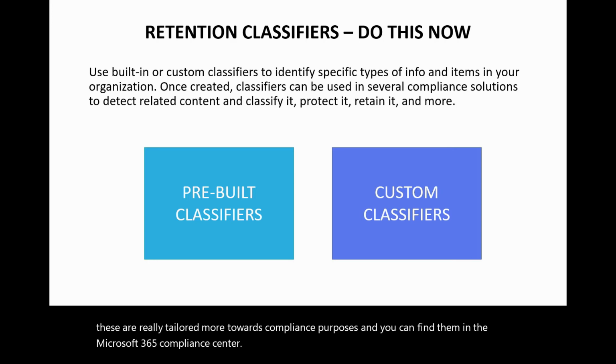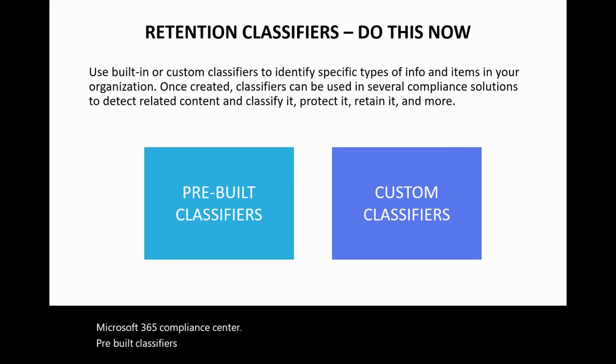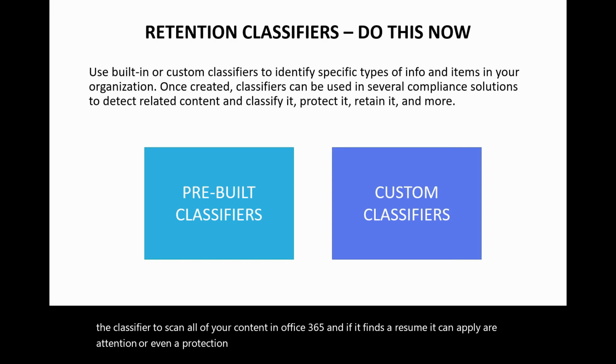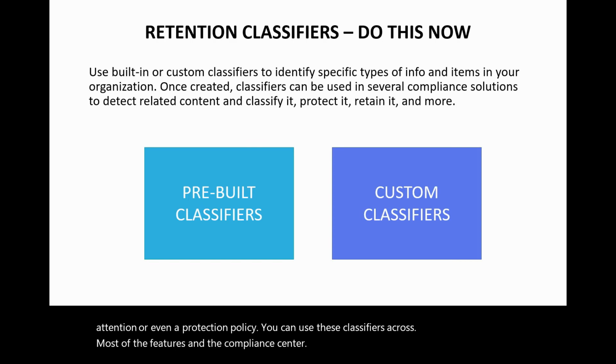The pre-built classifiers are right now resumes and source code. The idea being that you can use the classifier to scan all of your content in Office 365, and if it finds a resume, it can apply a retention or even a protection policy. You can use these classifiers across most of the features in the Compliance Center, but definitely retention as well.